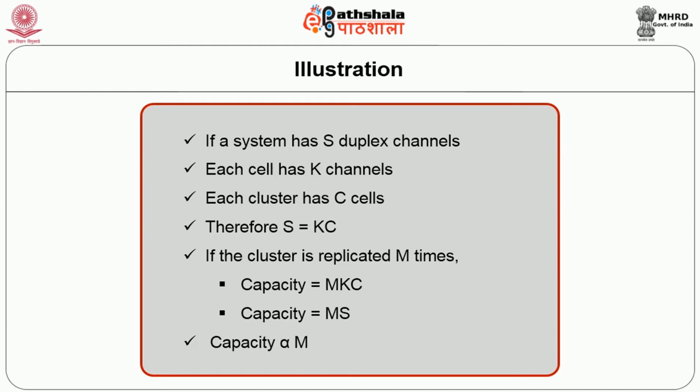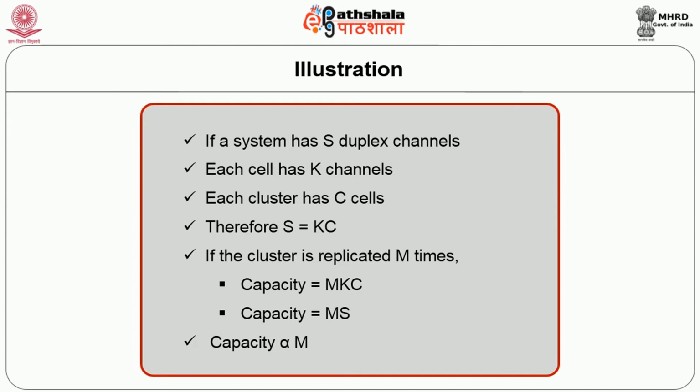C cells. So, the number of channels is S, each cell has K channels and the size of each cluster is C. Therefore, obviously, S equals KC. That means the available channels have to be used between these cells and these clusters only.